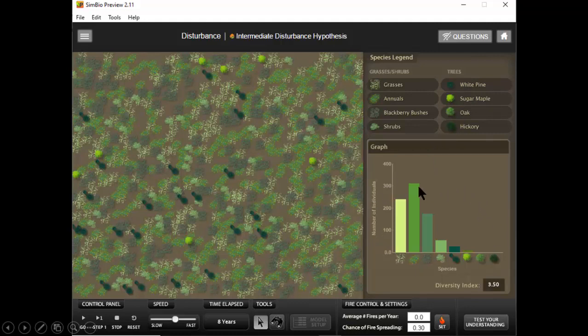Here, this represents the number of individuals of each group. So we have about 250 grasses, a little over 300 annuals, etc.